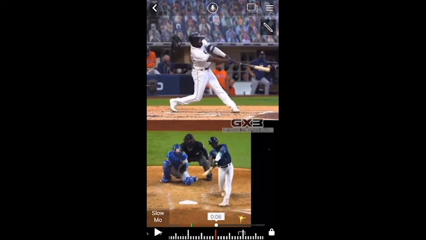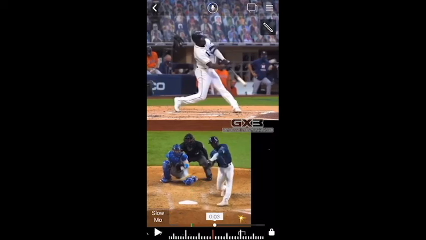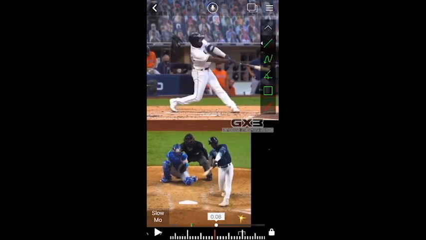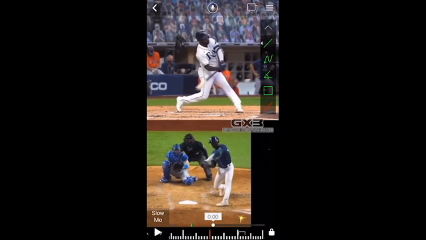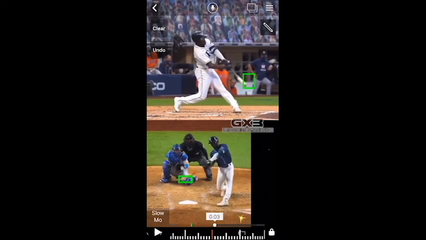Pay attention to contact point. Okay, so we'll go contact point here, roughly, and contact point there, roughly. And we'll see, okay, on the bottom, or on both, this left arm is straight, and it goes straight through the barrel.